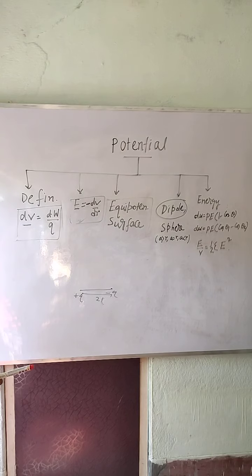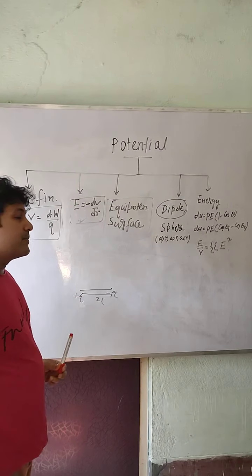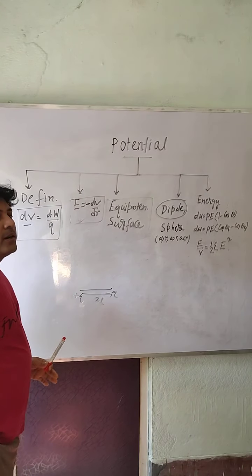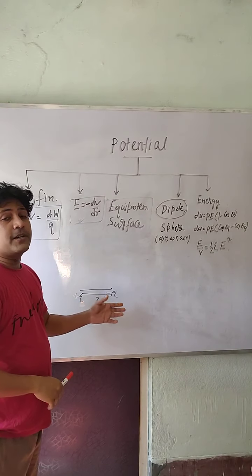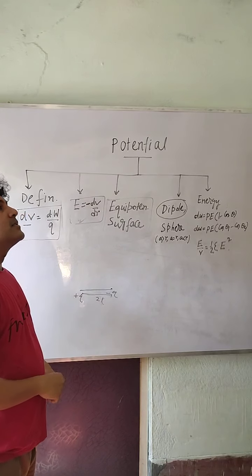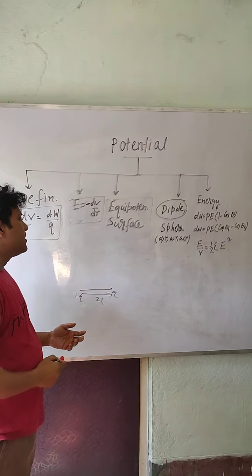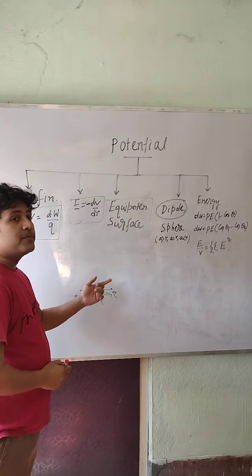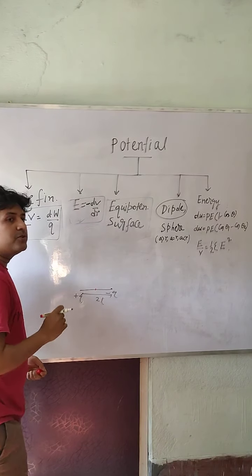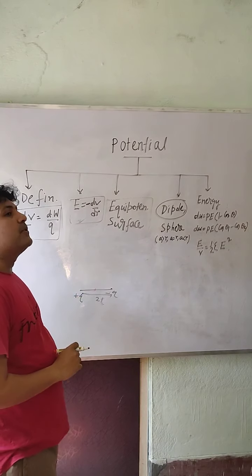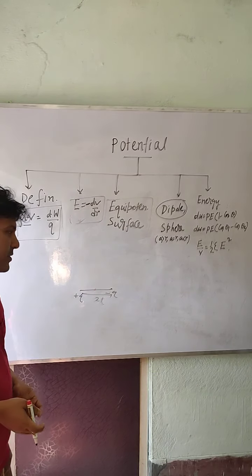As we read in the electric field chapter, if we want to calculate the electric field for a dipole at a particular point, we must take the distance of that point from the center of the dipole. So this position is very important, from where we are taking the distance.